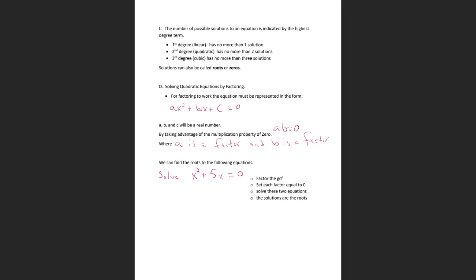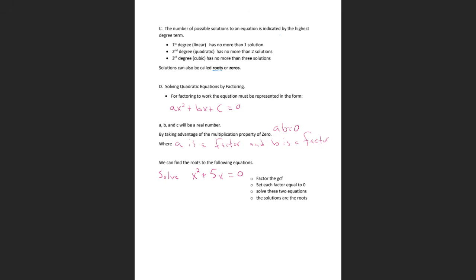We'll see that more as we get into this. A third degree or cubic equation, again, it's going to have no more than three solutions. As we move forward, a lot of times I'll be using the word roots and zeros instead of solutions. So when we start to solve quadratic equations, sometimes we'll say, hey, find the roots to the equation. And since it's quadratic, we're going to be looking for two roots or two zeros, if you will.